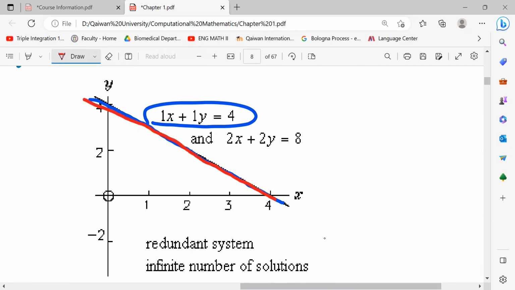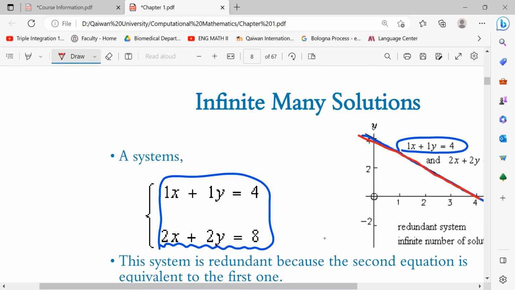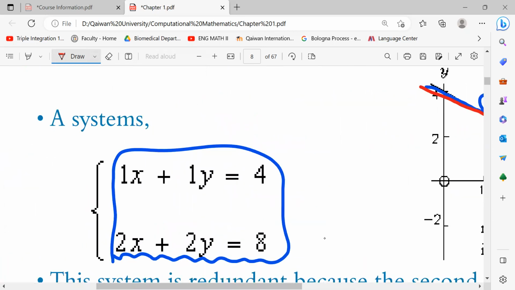It's also here. In how many points do these two lines intersect? Infinite. So that's why we say it has infinite solutions. For this system, we have infinite solutions.